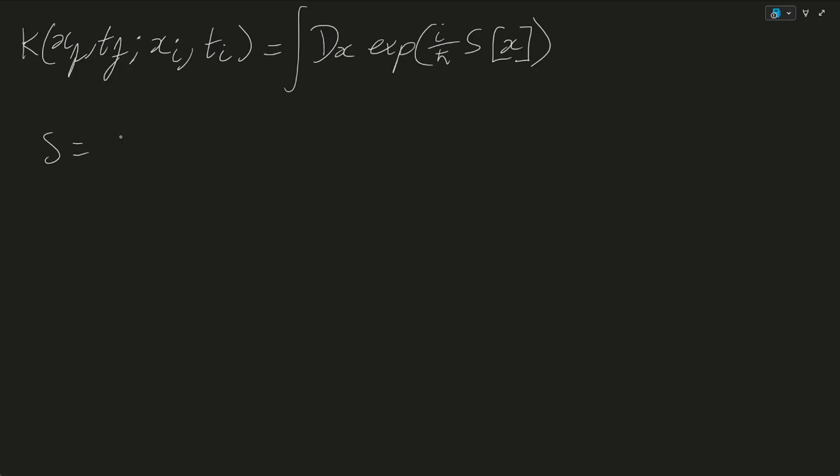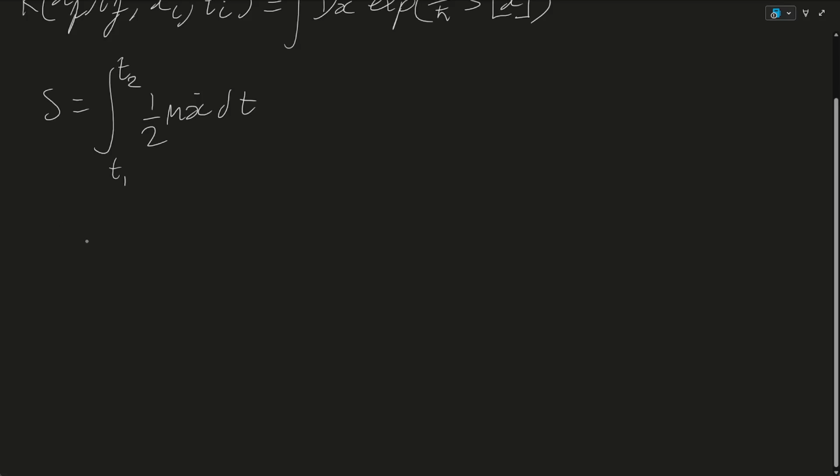We say that S is between two times, T1 and T2, of half m x dot squared dt. Of course, it's just the integral of the kinetic energy because the potential energy is 0. And here we have a total time T, which is T2 minus T1.